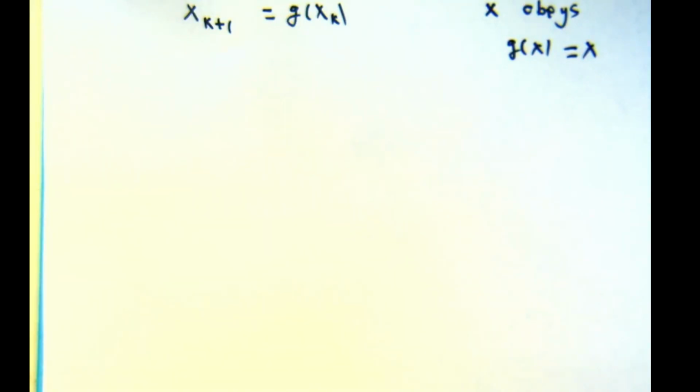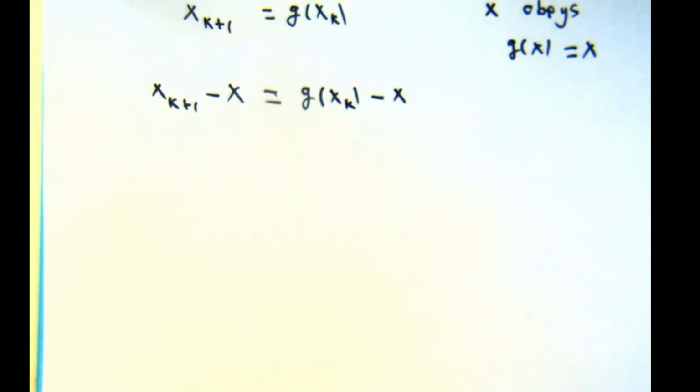So I want to think about this fixed point iteration business. The letter x by itself is the value of the fixed point. It's the x value where x and g of x are the same number. Even though I don't know what x is exactly, I can subtract it from both sides of that equation.